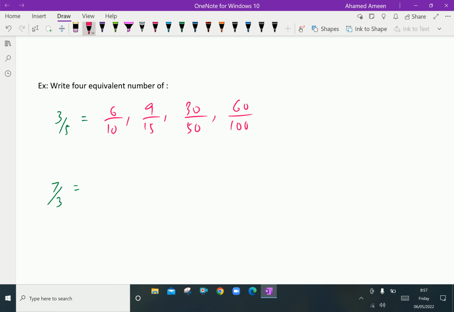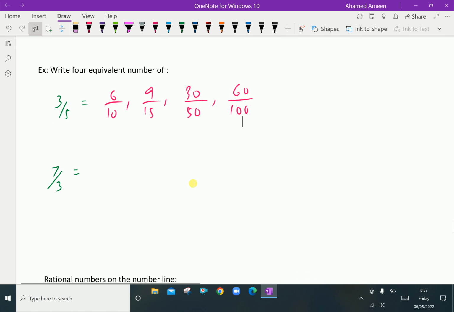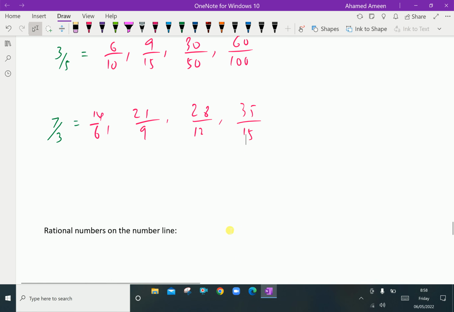These are equivalent forms of 3 by 5. 7 by 3 is also 14 by 6, multiply by 3 is 21 by 9, multiply by 4 is 28 by 12, multiply by 5 is 35 over 15. Like that we can express equivalent numbers.